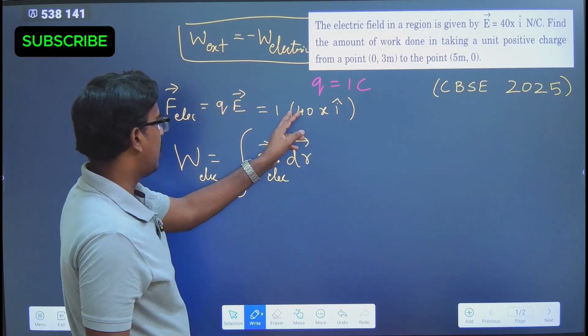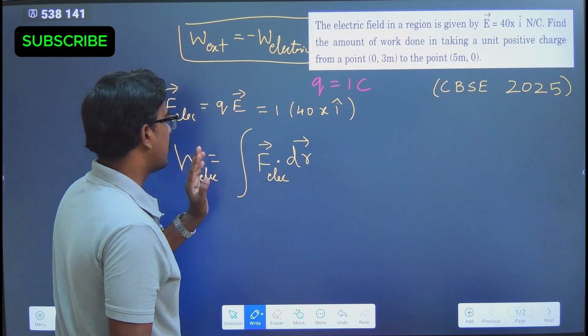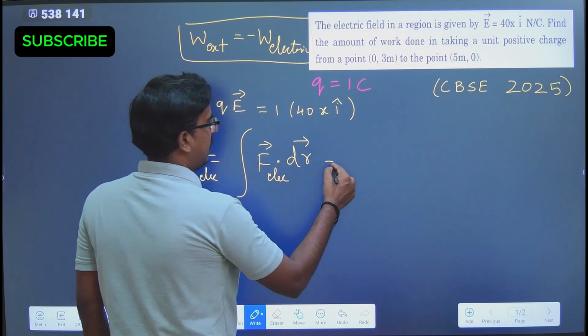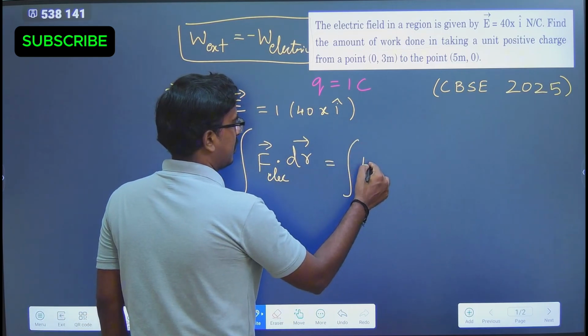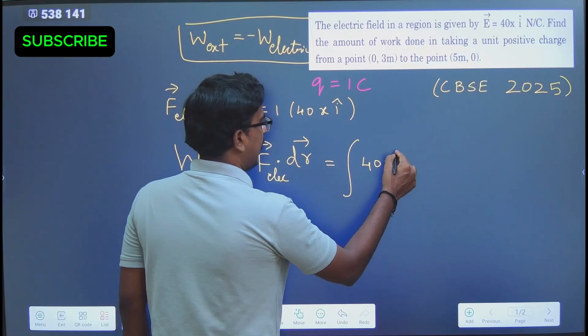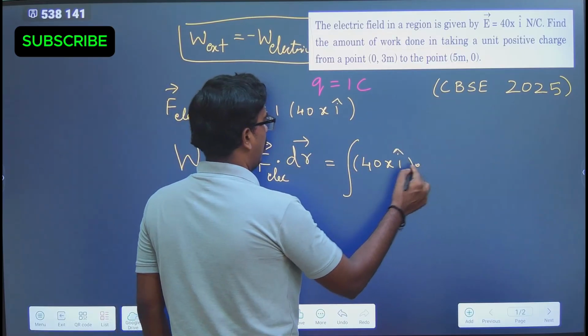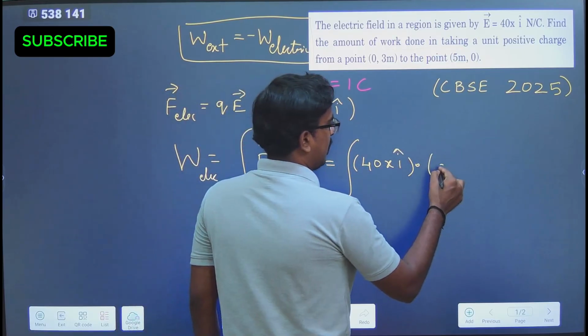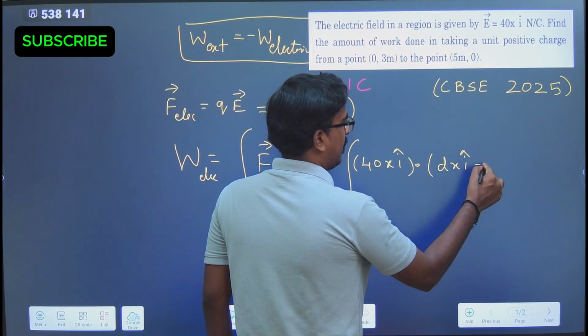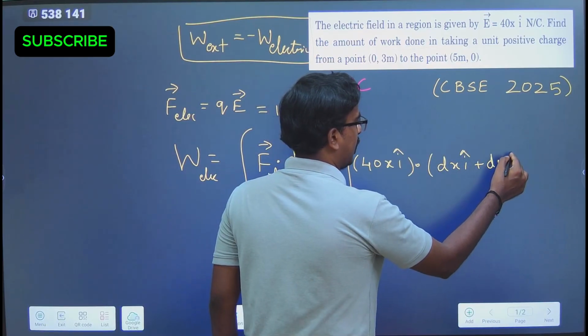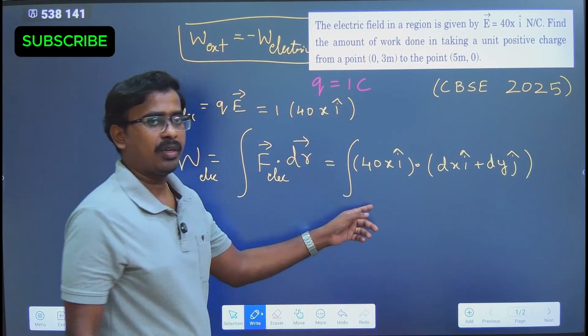Now I got 40x i cap as my force, dot dr vector. In place of dr vector, you need to write dx i cap plus dy j cap. Is everyone clear? Yes.